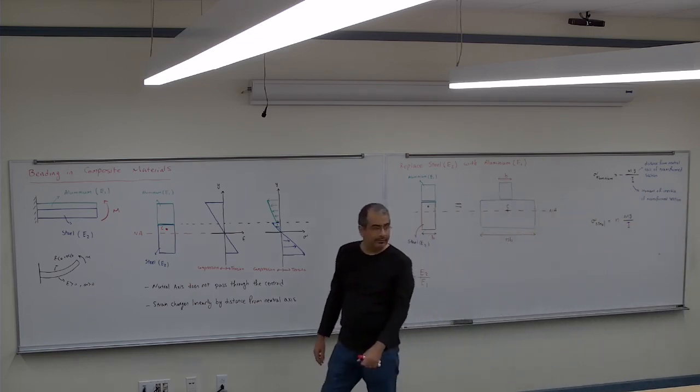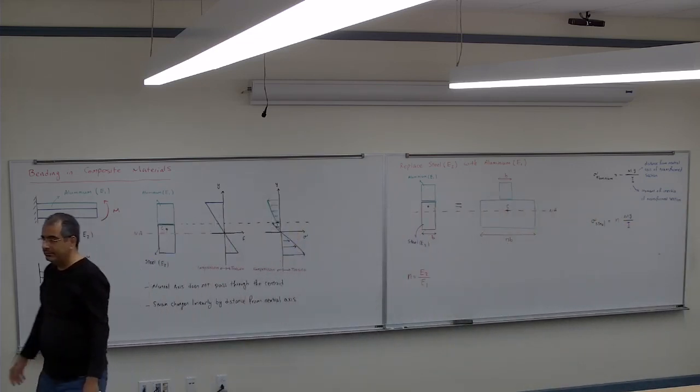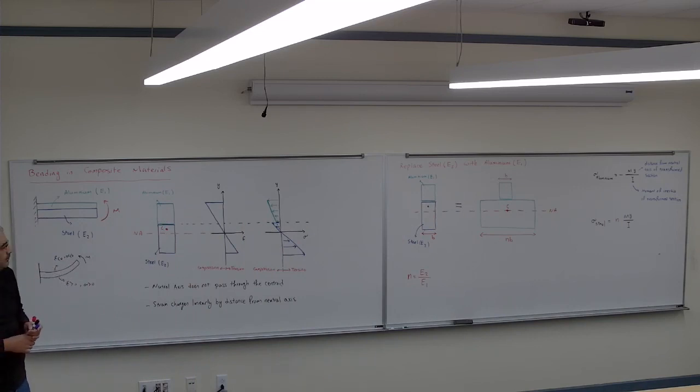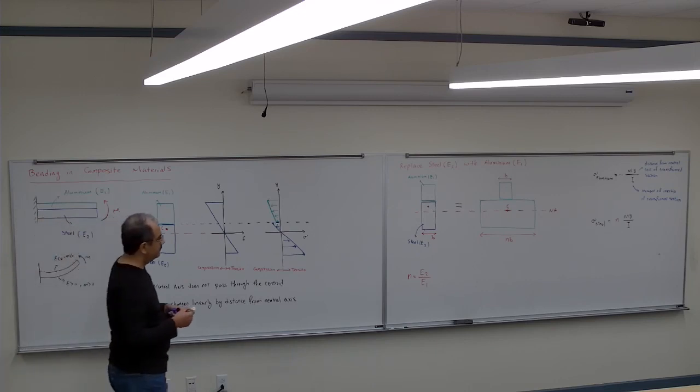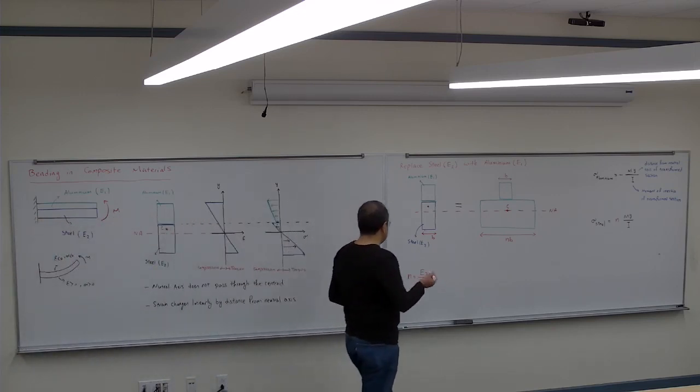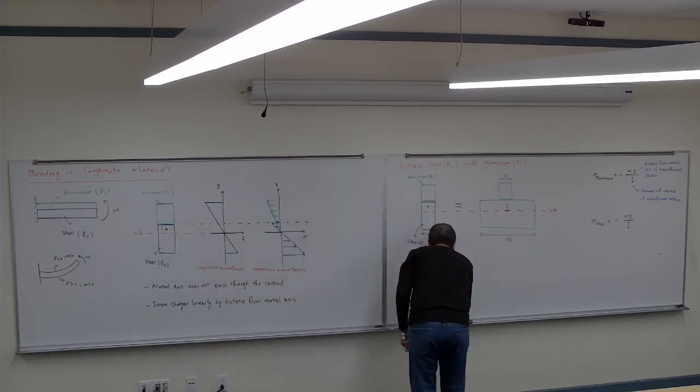Question? In this case here, it's going to be E of steel to E of aluminum.